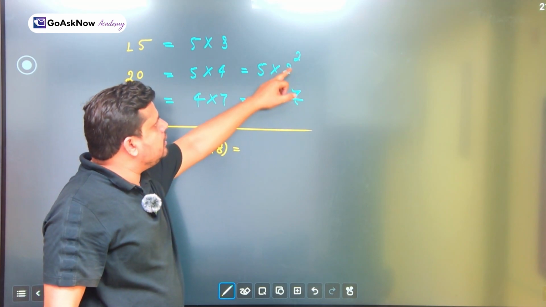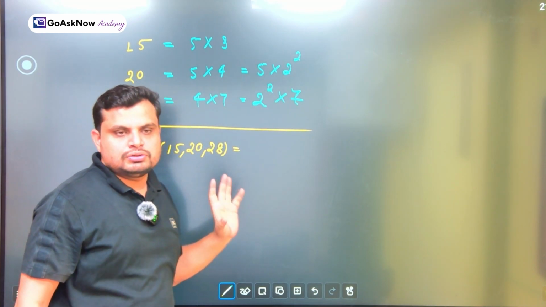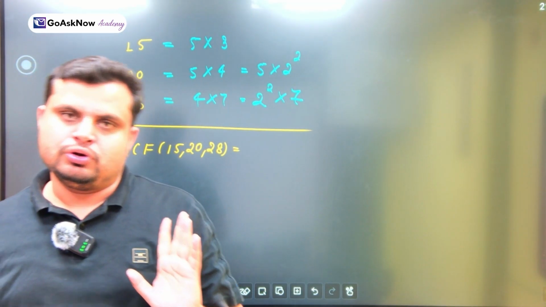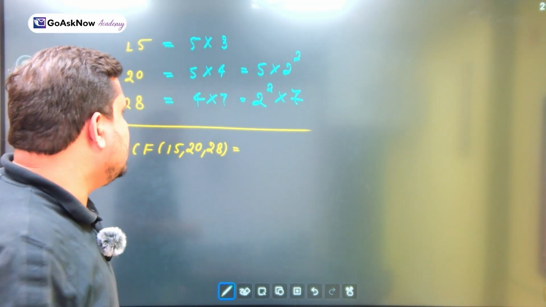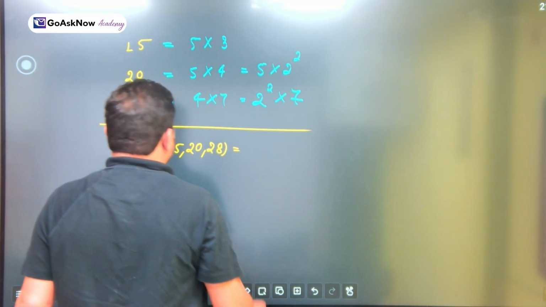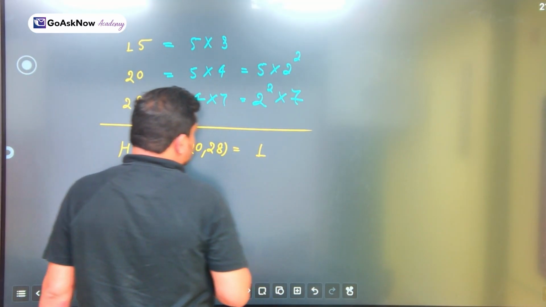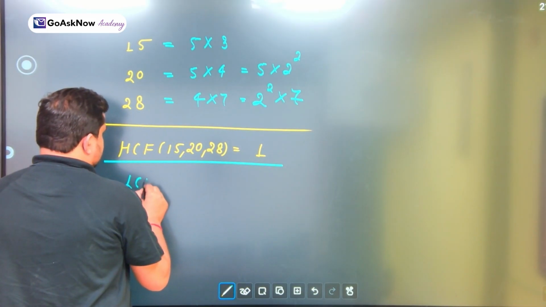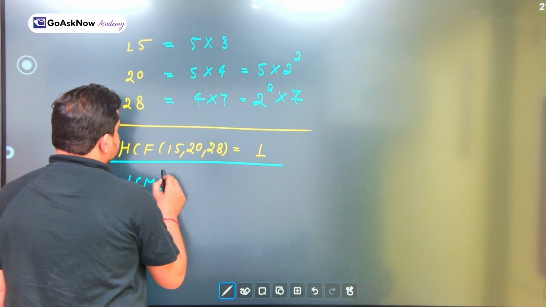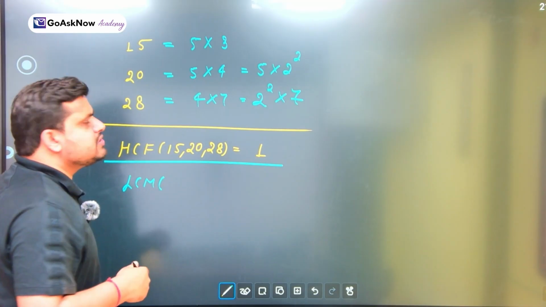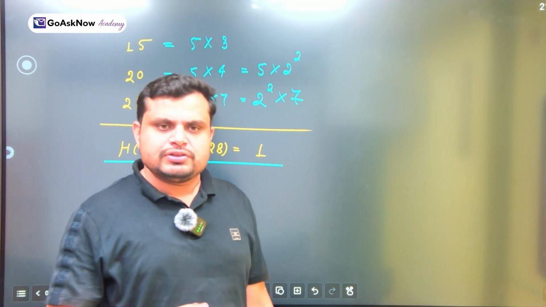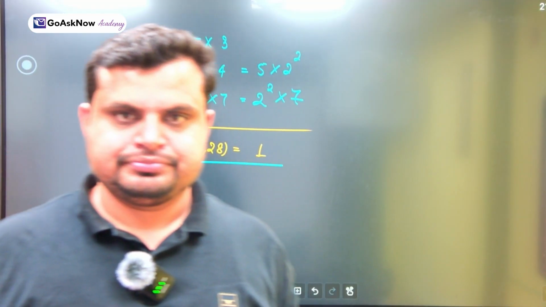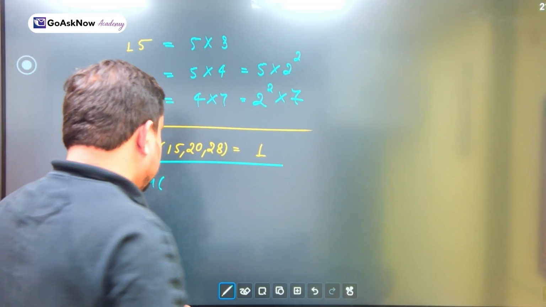We do have 7 here, but 7 is not. So we don't have any common factors. So in such a case, what is our HCF? When nothing is common, we have 1. There is no number other than 1 which divides all the 3 numbers. So that's what we have discussed here.